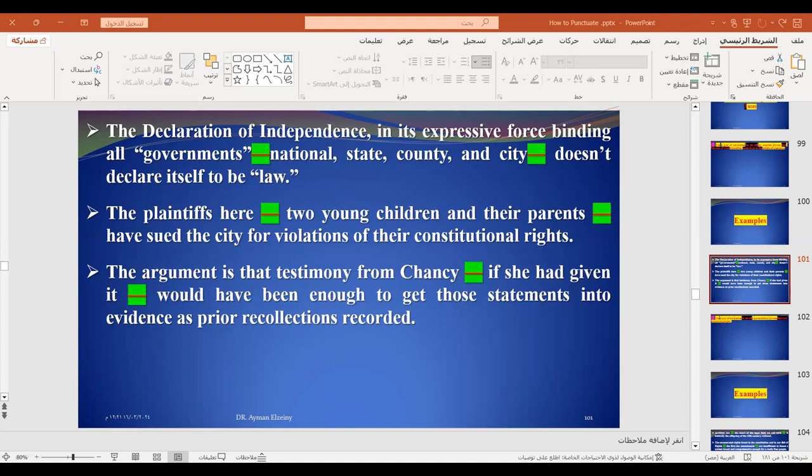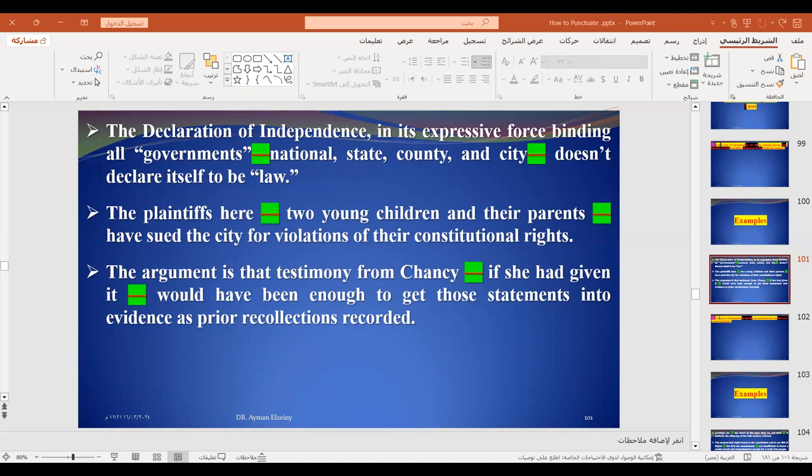National, state, county, and city here must be put between twice EM dash.